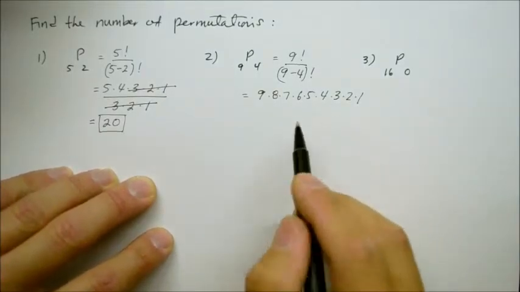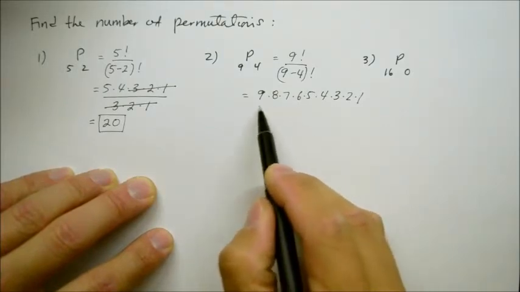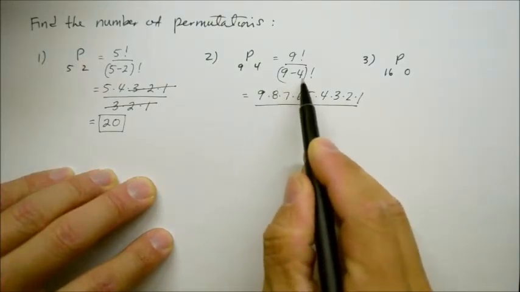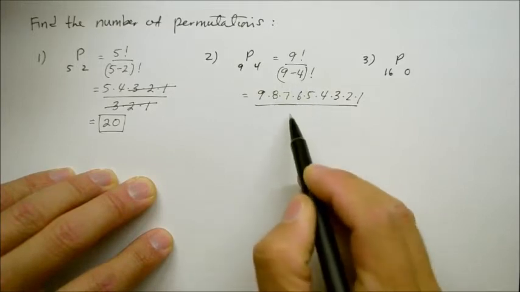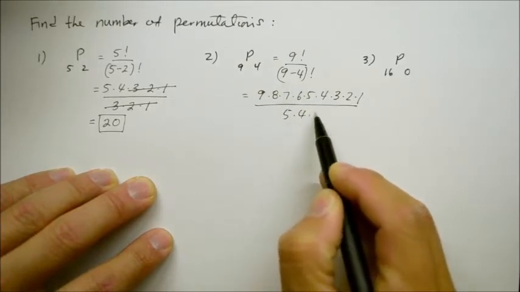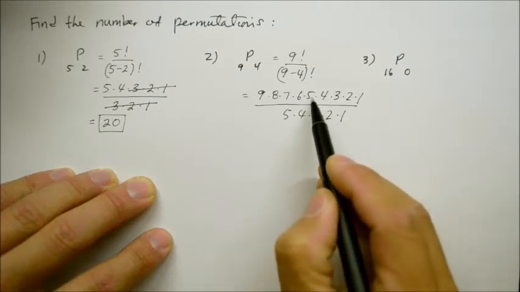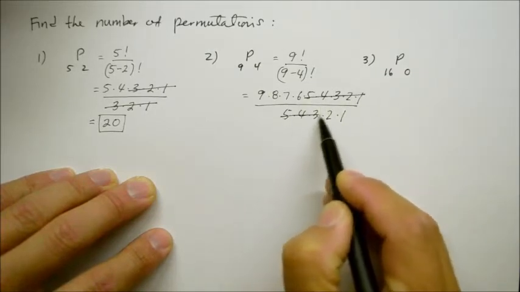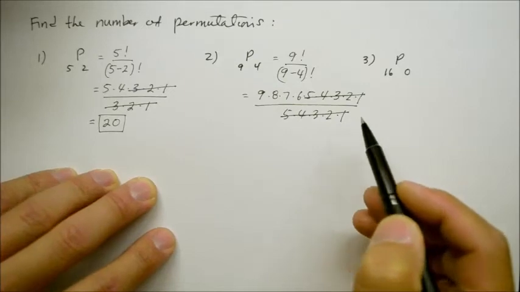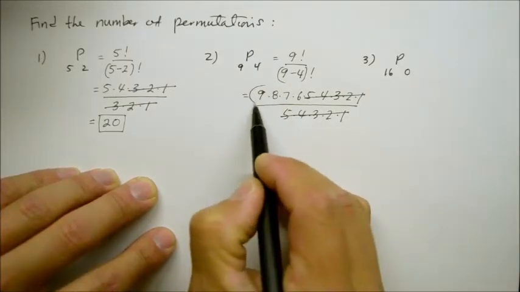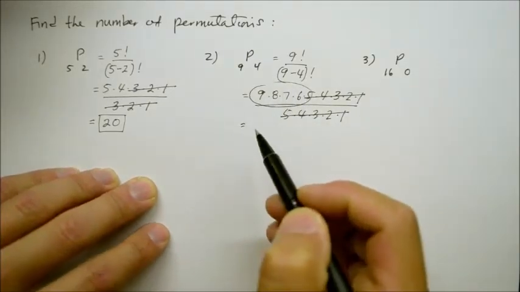You can see how tedious this can be. Divided by 9 minus 4, which is 5. So 5, 4, 3, 2, 1. And just like before, we can cross out the 5, 4, 3, 2, 1 from top and bottom. That leaves us with the product of these integers. And still, it gets kind of hectic.